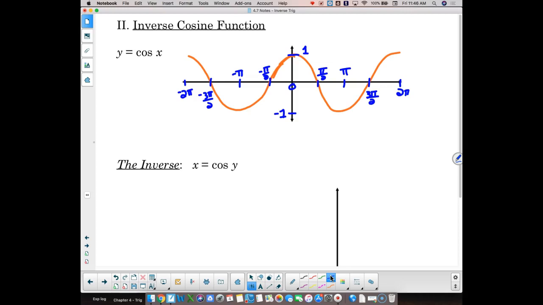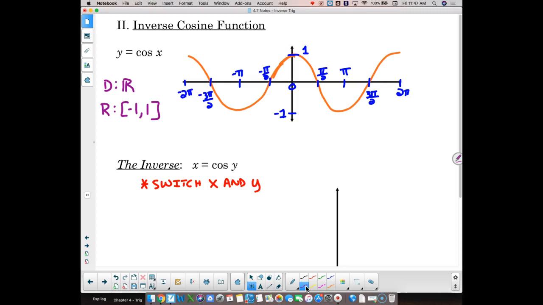Now, let's talk inverses. Remember, when we do inverses, we switch the x and the y, which means we switch the x-axis and the y-axis, which means we switch the domain and the range. If we go back up here, the domain here was all real numbers, and the range here was from -1 to +1.